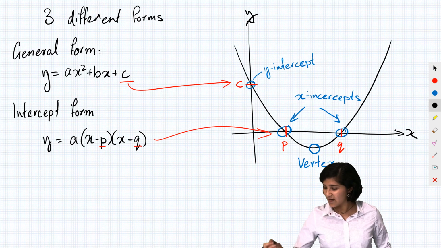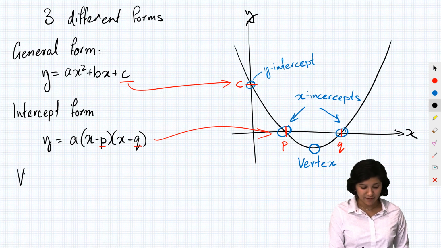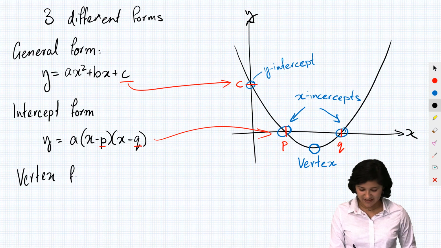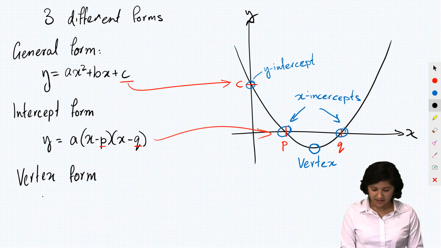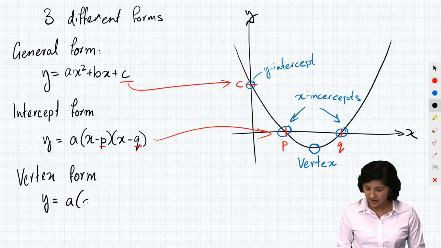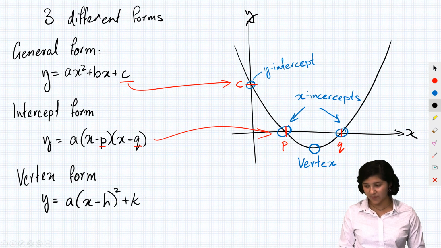Okay? So last but not least, we have the vertex form. And this form is going to tell us where the vertex is. So this form looks like y equals, same a again, x minus h squared plus k.